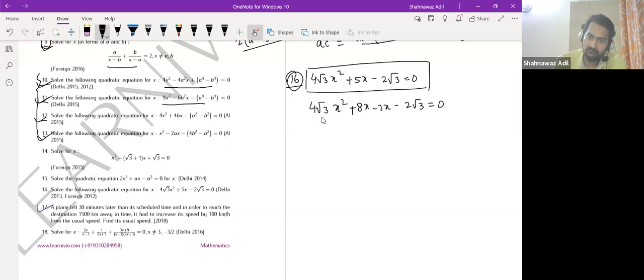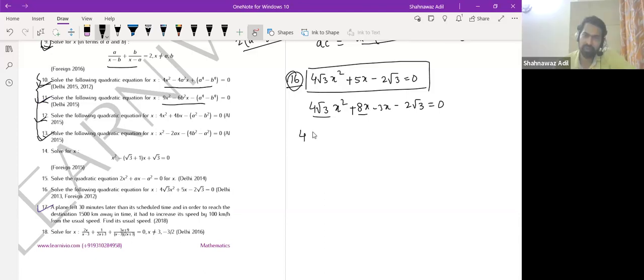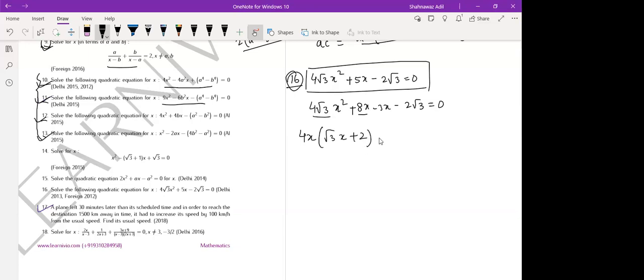So what is common in these two? Yes, 4. 4 is common, so this is 4x, so this is 2 and what? 2 root 3, so this is root 3. Root 3x plus 2, right? Yes, sir.